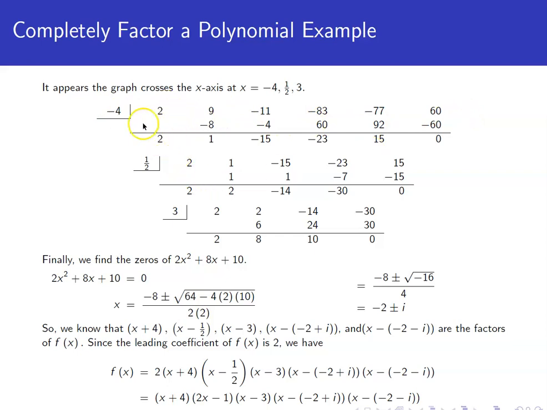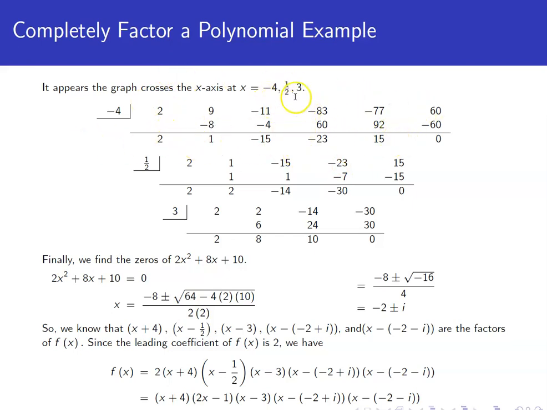Bring down the first one, multiply, add down, multiply, add down, multiply, add down, multiply, add down, and finally multiply and add down, and you get down to 0. So I really do have a 0 at x equal to -4, and we've also reduced the polynomial from a 5th degree polynomial to a 4th degree polynomial.